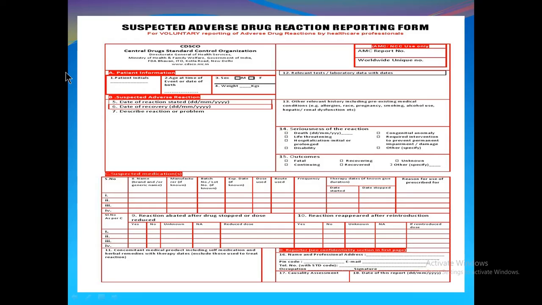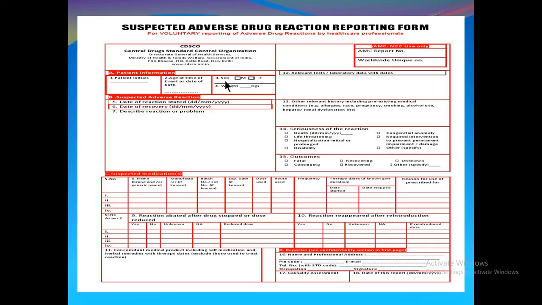The whole form has been divided into 4 sections, namely A, B, C and D, containing 18 points that are to be filled. Section A is the first section where information about the patient has to be filled, such as patient initials, age or date of birth of the patient, sex of the patient and body weight. Altogether, this section contains 4 points.